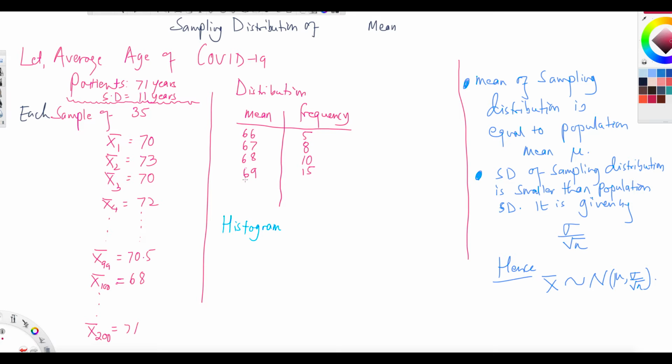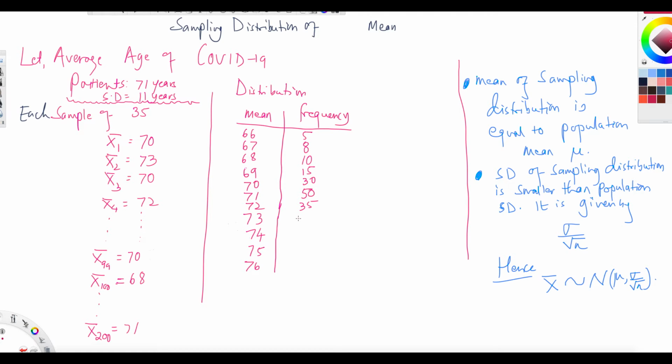Similarly, there were 30 samples with mean 70, and then for 71 there were 50 samples. For 72, let's say there were 35 samples.